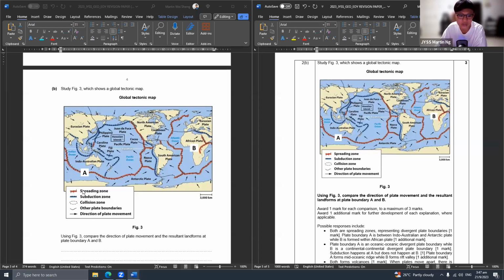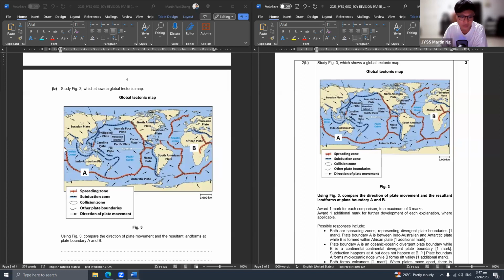Now, the spreading zone, as per what the name says, means that it's spreading. So it's moving further away from each other. When 2 plates are moving away from each other, that would be your divergence plate boundary. So if I look at this, the red line over here shows divergence, and you can see that the arrows are moving away from each other as well.